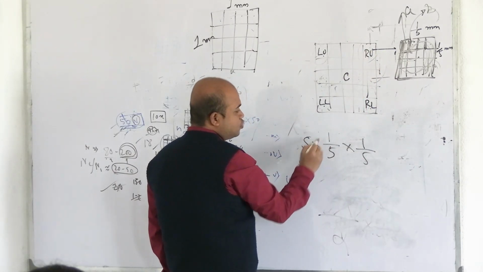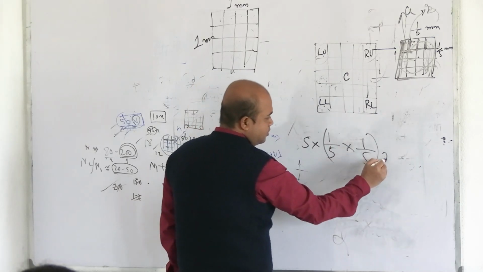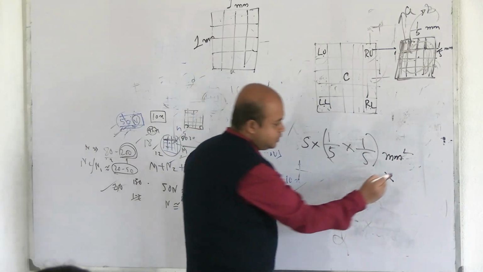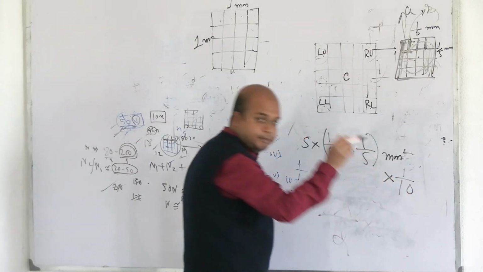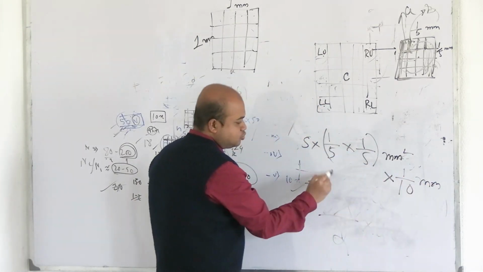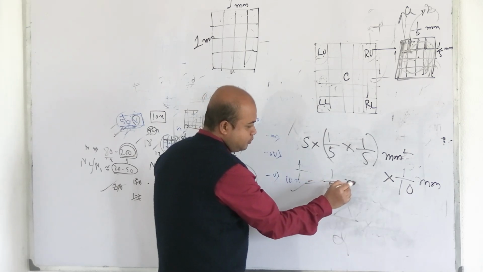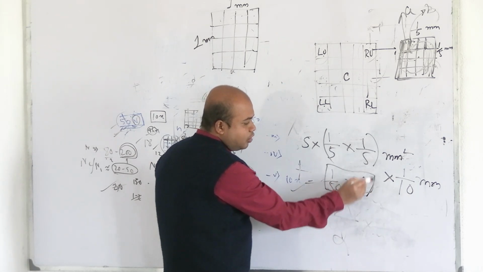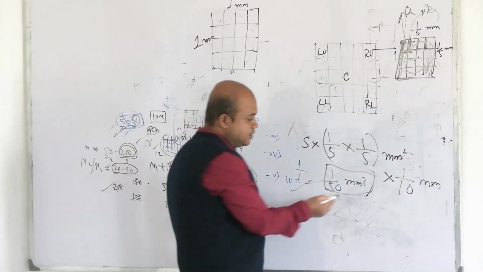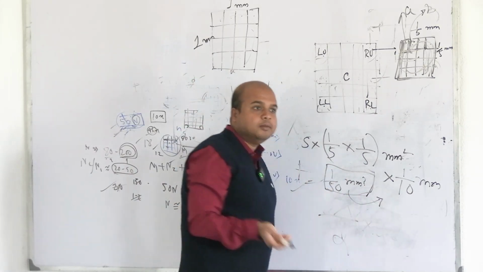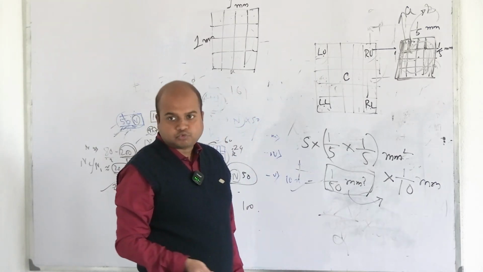So the area of the squares is this, and we have to multiply it by that 1 by 10, which is the gap between the counting grid and the cover slip, so it is 1 by 50 millimeter cube, which means this is the volume of the blood overlying the squares, the volume of diluted blood diluted with Hayem's fluid.